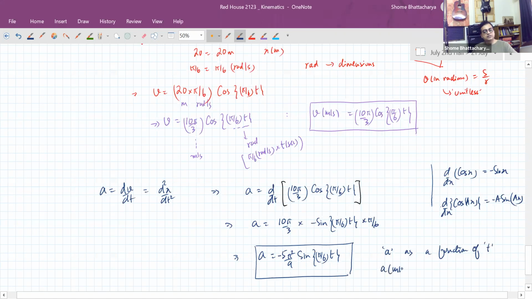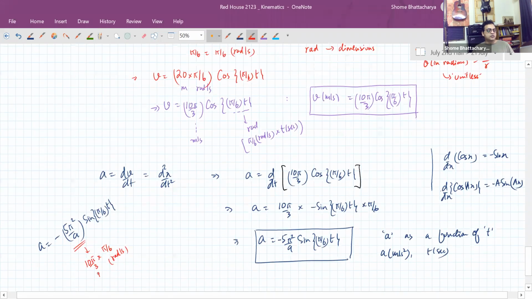So the acceleration is in meters per second square. The time is once again in seconds. In this expression, again, you can see that this term is in meters per second square. This term here was basically 10 pi by 3 into pi by 6. Now this pi by 6 was in radians per second, and this was in meters per second.